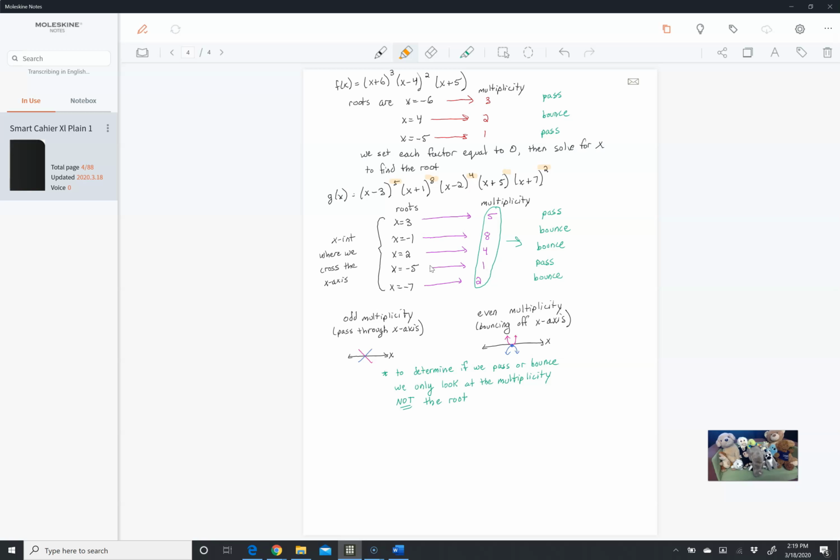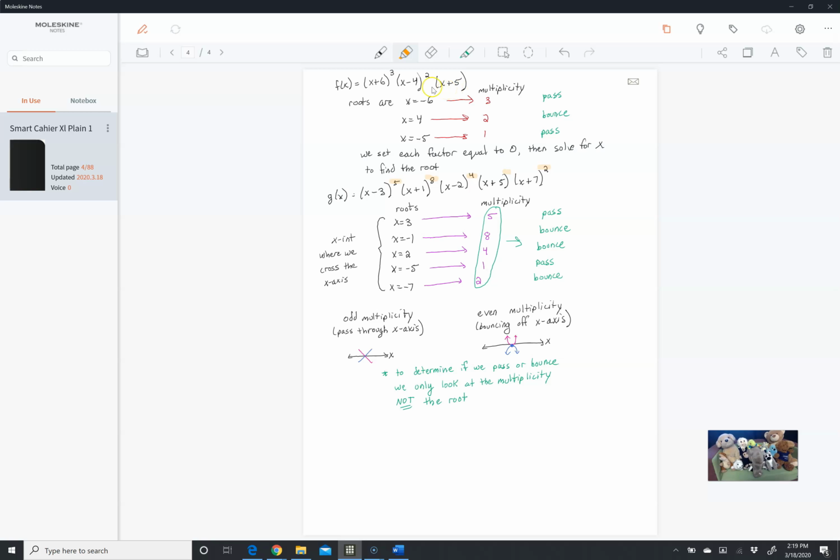Okay, so what does this mean? Let's take f of x, okay? Imagine if you multiplied out f of x. Now we know that the degree of a polynomial in standard form is the highest power in that polynomial. If we took f of x and we spent the time to multiply it out, we would have an x cubed coming from here. We would have an x squared coming from here, and we would have an x coming from here.